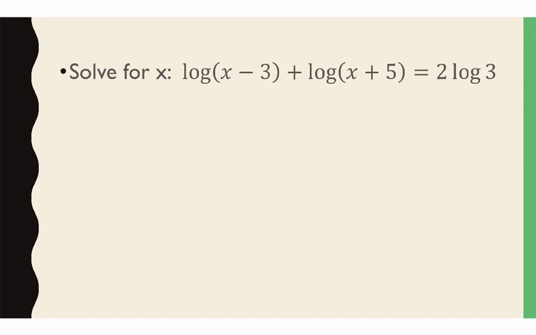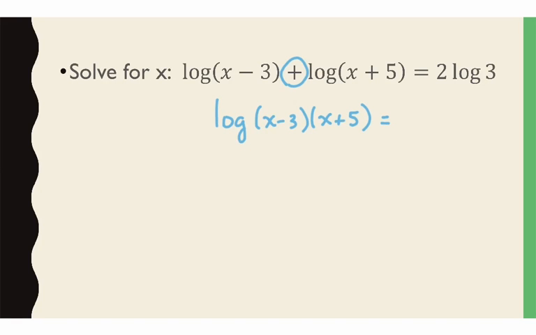And I'm going to use those rules we've learned to kind of condense this into a smaller expression or equation. So I notice there is a plus sign in the middle, and we know that logs that are added mean multiply. So I am going to use my rule and combine these two into one log, where the two things we see, the x minus 3 and the x plus 5, are multiplied.